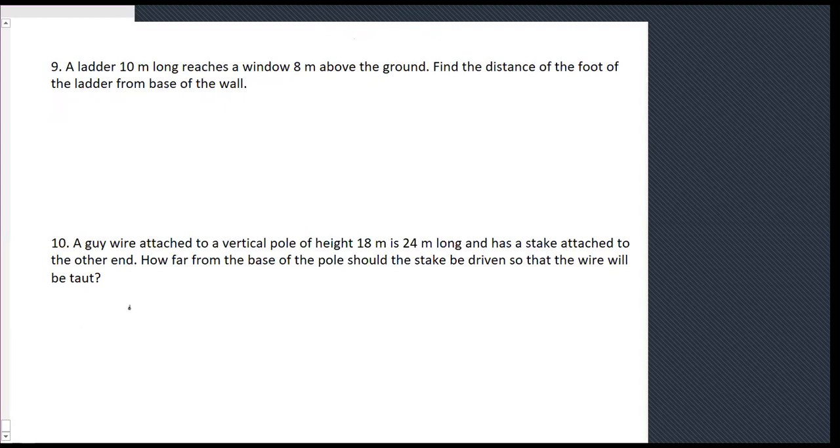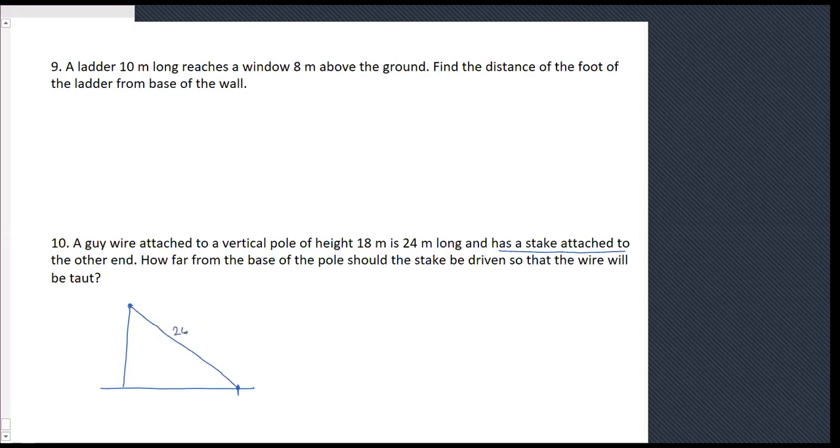From the top of the vertical pole, a wire is attached, which is 24 meters long, and it has a stake attached to it, one holder which holds it on the ground. That is called a stake. So here a stake is present like this.